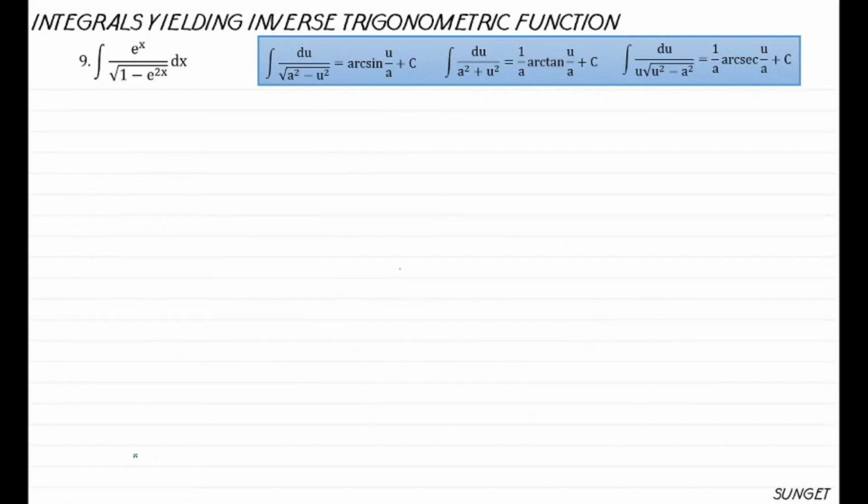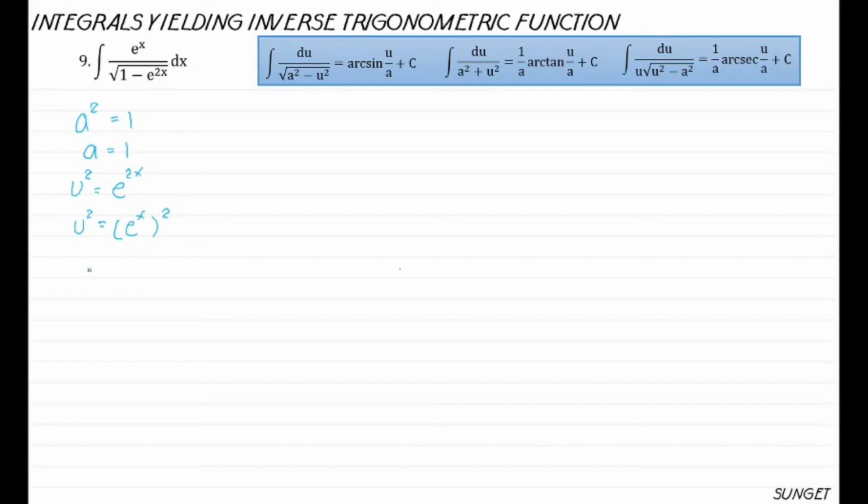Number 9, evaluate the integral of e raised to x over square root of 1 minus e raised to 2x dx. First, solve for the value of a and u. So a squared is equal to 1. Square root of both sides, so a is equal to 1. Next, u squared is equal to e raised to 2x, or u squared is equal to e raised to x squared.